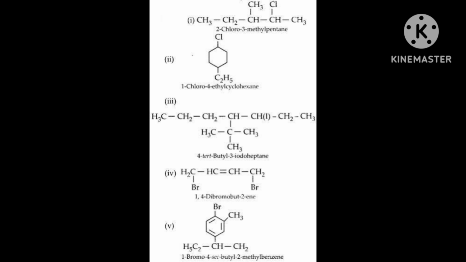Consequently, the carbon halogen bond length also increases from the C-F bond. The C-F bond will be the smallest and the C-I bond will be the longest. Then I have told you about the nature of the C-X bond.